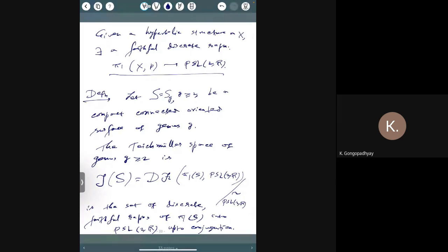Now you can see that this space, Teichmuller space, comes as a quotient of Hom of pi1 S into PSL2R, right? So this gives a natural topology on Teichmuller space of S.